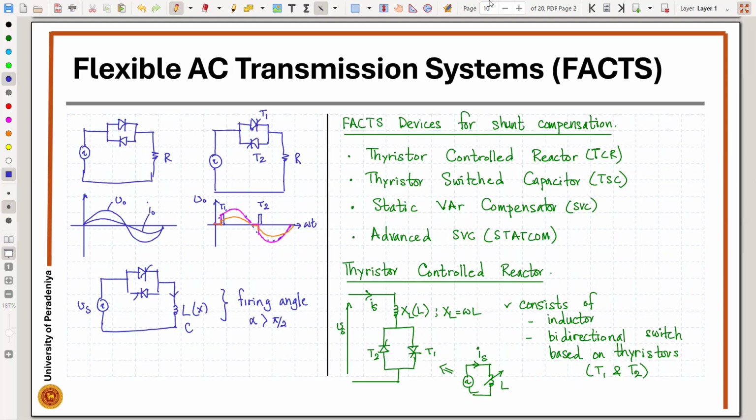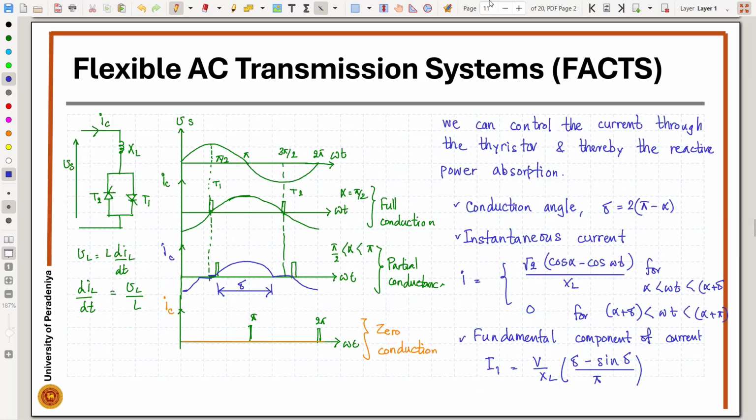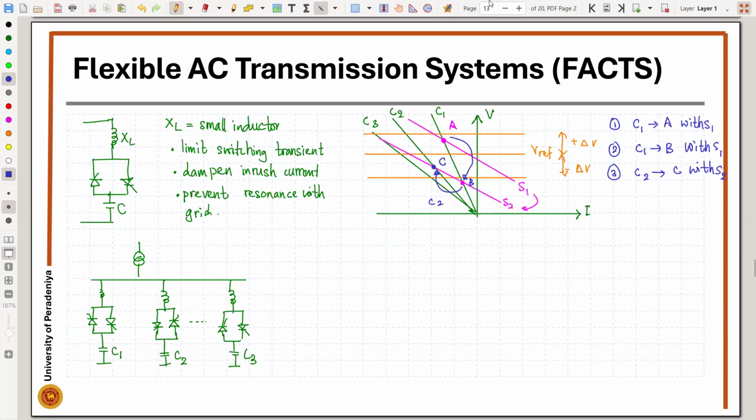We looked at the shunt compensation devices, thyristor controlled reactor and thyristor switched capacitor. So with the controlled reactor, we can control the amount of reactive power absorbed from the network. In the thyristor switched capacitor, we can provide reactive power to the network in steps. So those two we looked at with the waveforms and control operation.